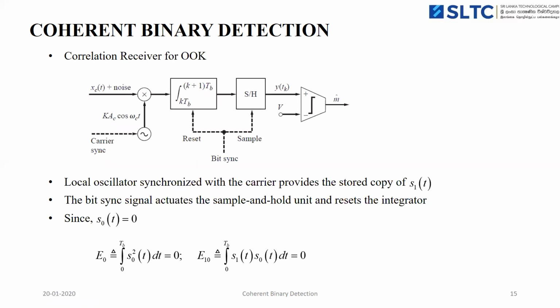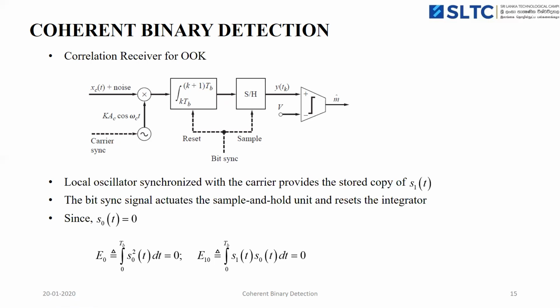This block diagram shows the coherent correlation receiver for the OOK modulated signal. Here two synchronization operations are performed. One is for the local oscillator, where the carrier is synchronized, and for the integrator and sample and hold circuit, the bit is synchronized.